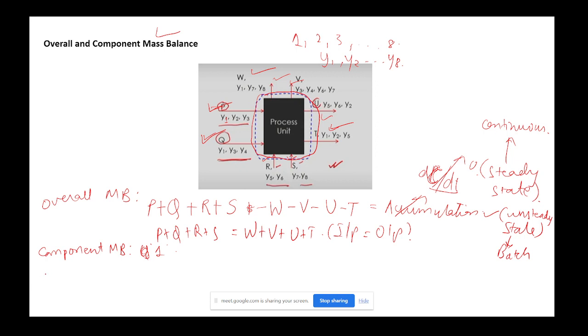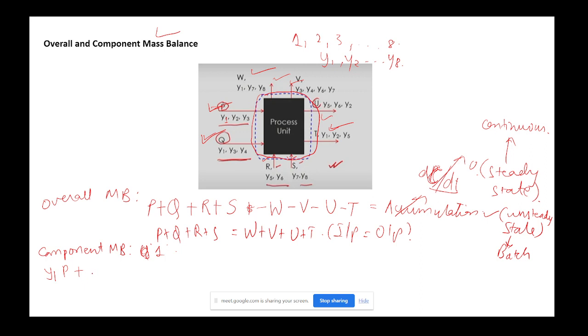So how can we write it? The amount of component 1 in the P stream will be the mole fraction of that component in that stream times the total amount of material which is going in.